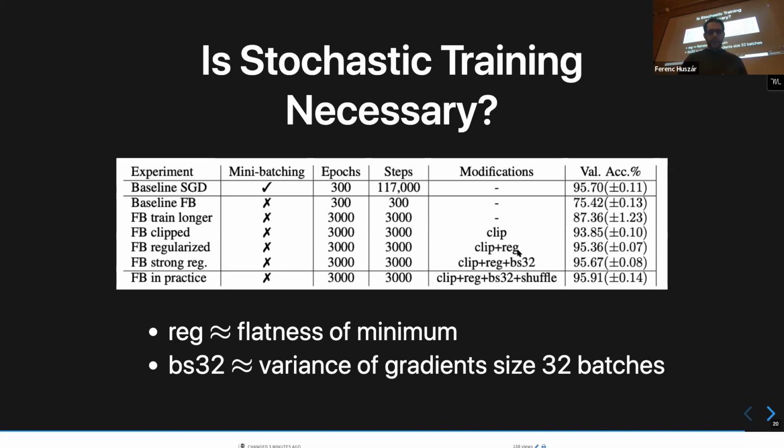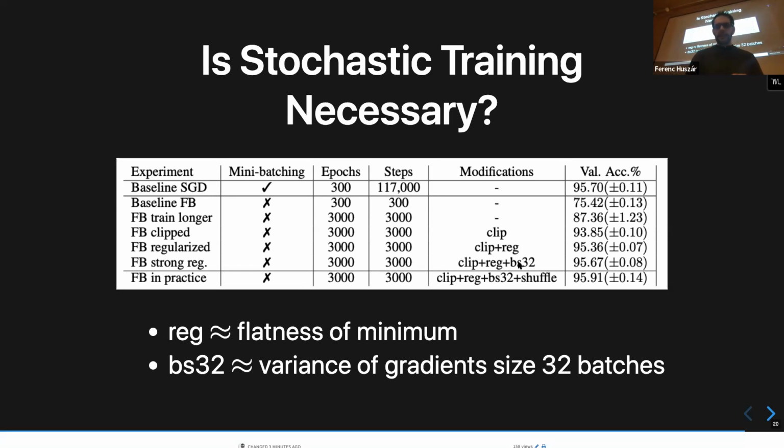The second thing they do is regularize, and the regularizer they introduce tries to find wider minima, so minima where roughly the eigenvalues of the Hessian of the loss are small. Neil briefly talked about how the Hessian of the loss at the minimum might be indicative of generalization. So this is where this regularizer term comes from. That starts to achieve better performance.